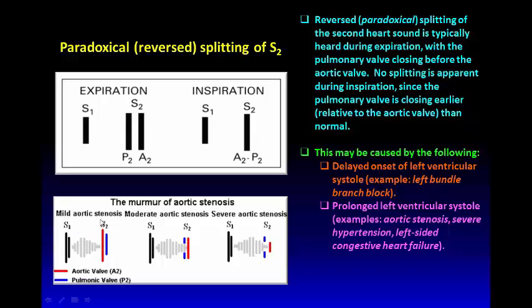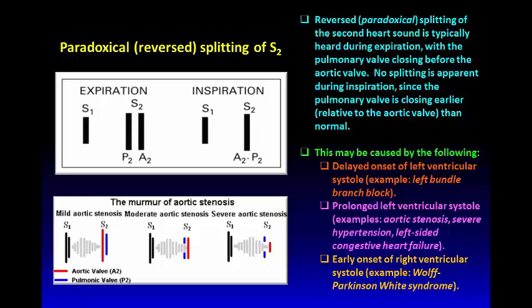In mild aortic stenosis, the split of S2 is still physiological during inspiration, with the aortic valve closing before the pulmonary valve. But in moderate and severe aortic stenosis, the splitting becomes paradoxical because left ventricular systole is prolonged as a result of the narrowing of the aortic valve orifice.